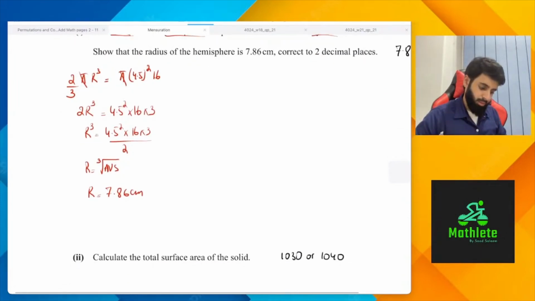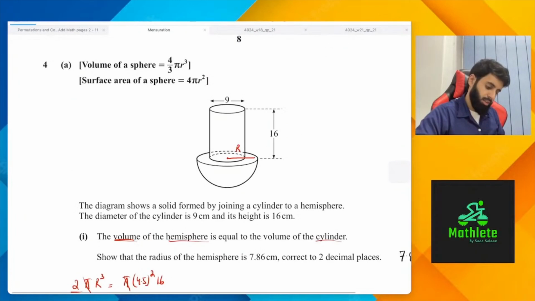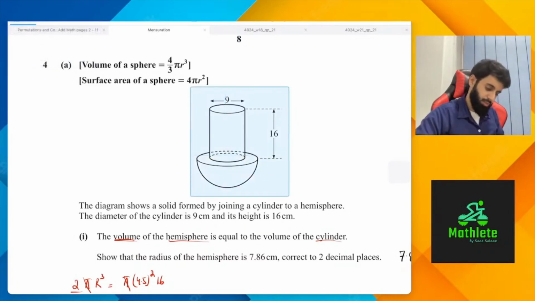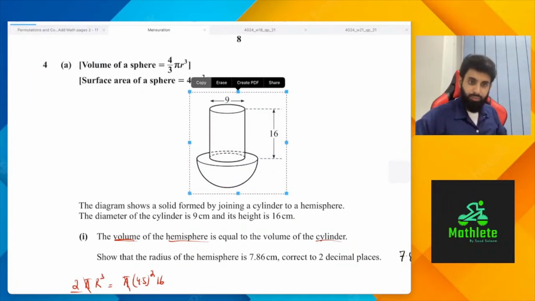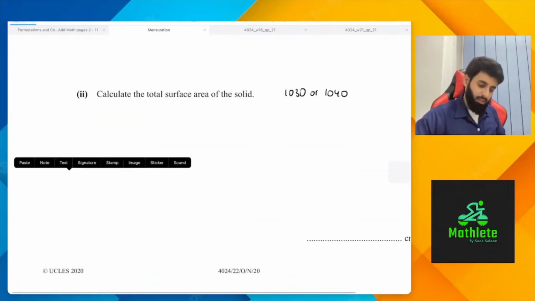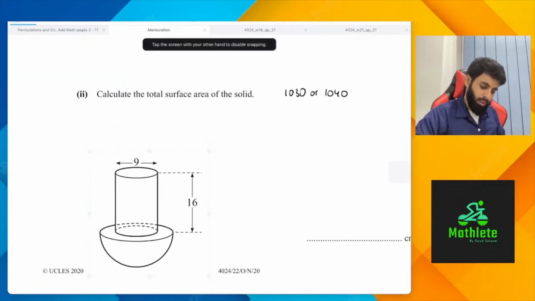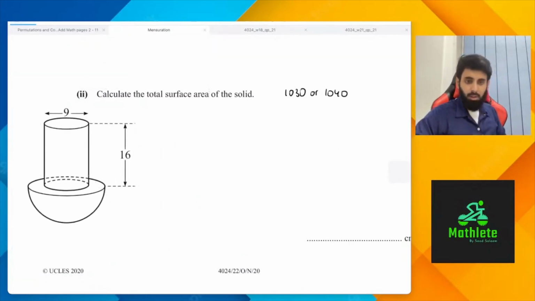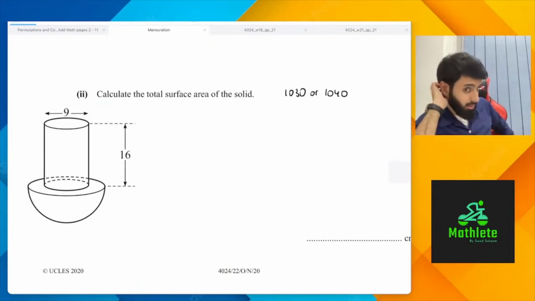Calculate the total surface area of the solid. Now things are about to get quite crazy. अभी जब हम इसका total surface area निकालेंगे, ठीक है? Yeah, cube root's out. Thank you. अब पहले तो I want you guys to answer this question: imagine you're holding this object in your hand.